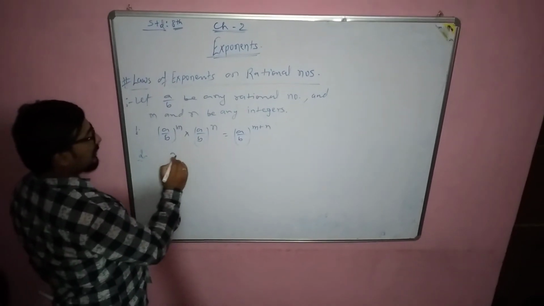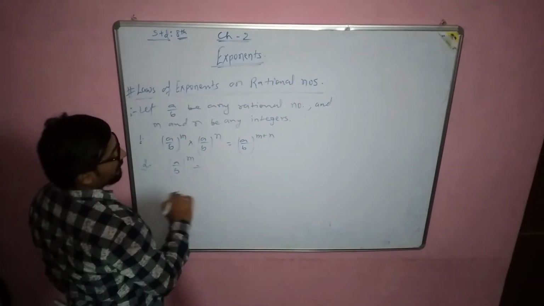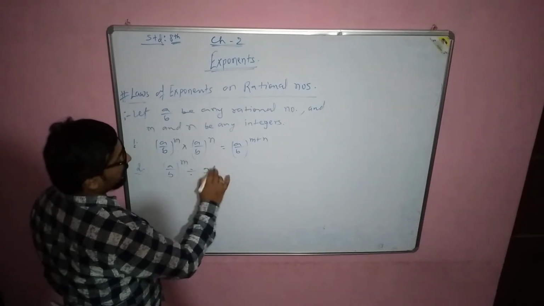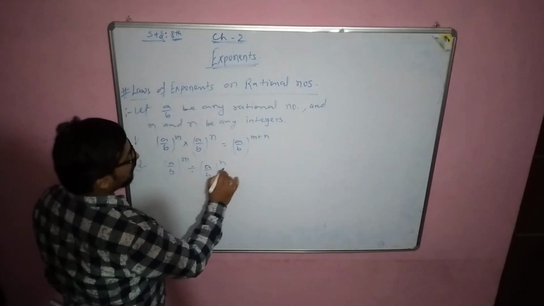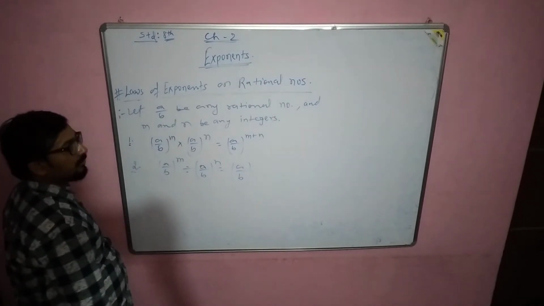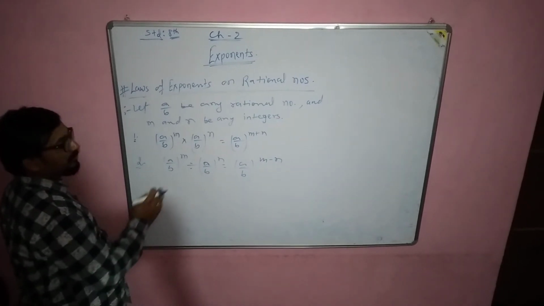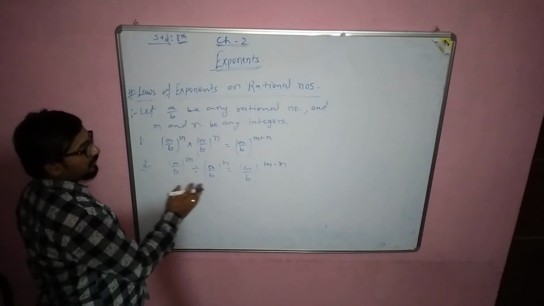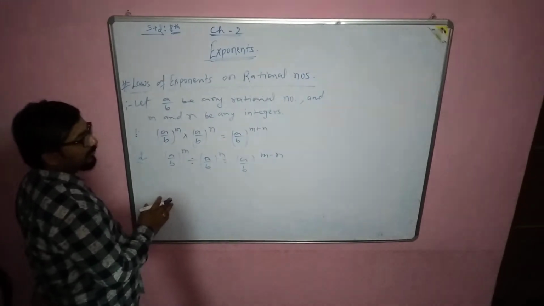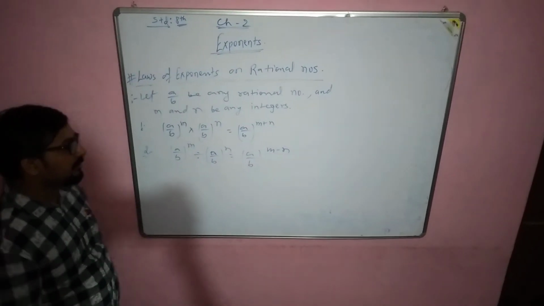Second rule: (a by b) raised to the power m divided by (a by b) raised to the power n. Then the result is (a by b) raised to the power m minus n, because it is in the form of divide. The bases are the same but the powers are different. It is in the form of divide, so the powers will be subtracted.